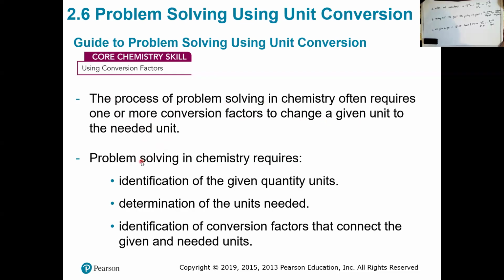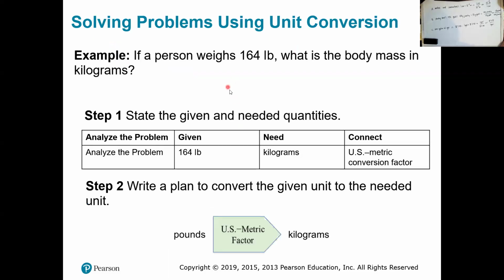So when you are trying to solve a problem, we need to identify the given quantity units, which is the units that we're starting with. We're going to need to look at the units that are needed, which is the units we want to end with. And we need to identify the conversion factors that are going to link those different units. It's like making a roadmap for yourself.